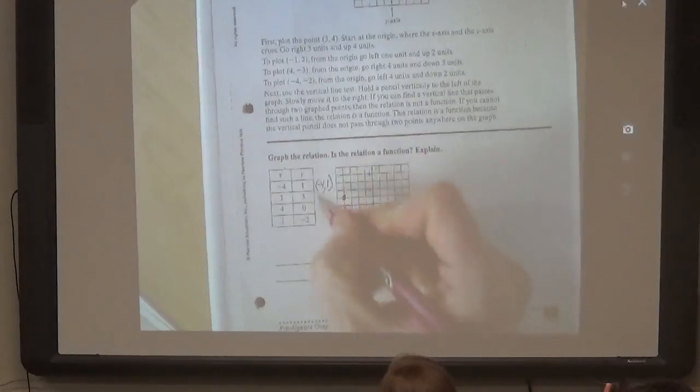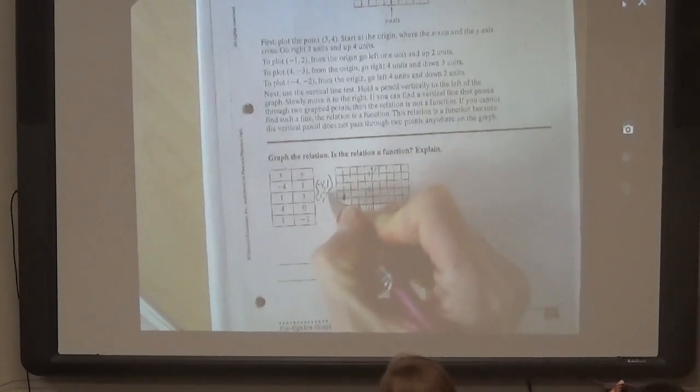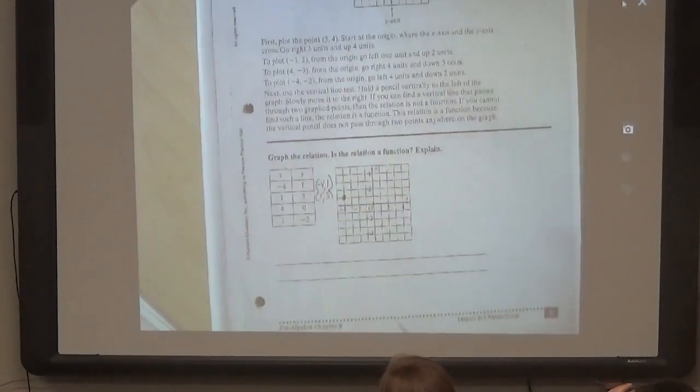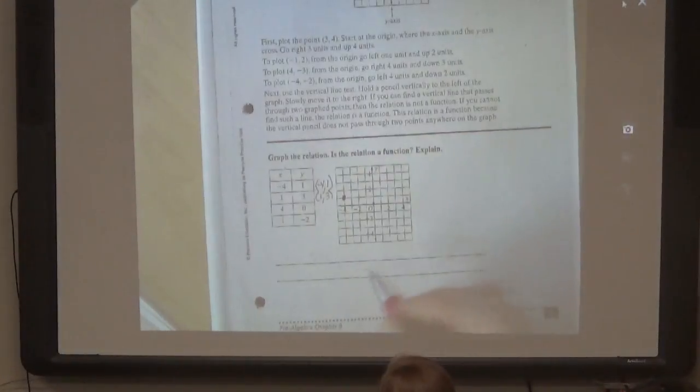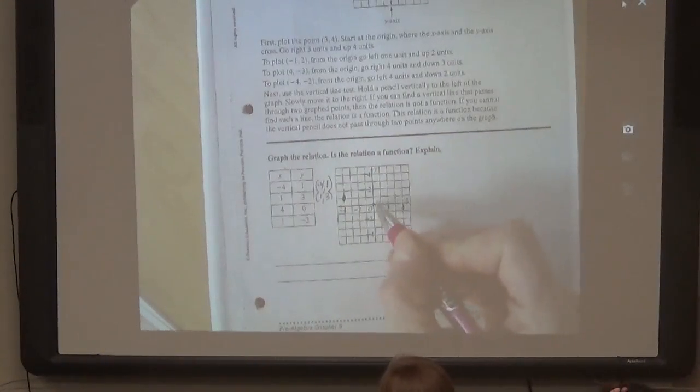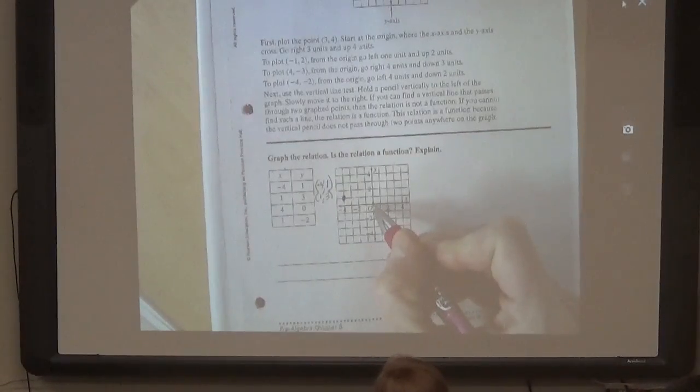Then, for the next point, 1, comma 3. Cindy, where would we go to plot this one? The next one, 1, comma 3. Where do we go, left or right first?